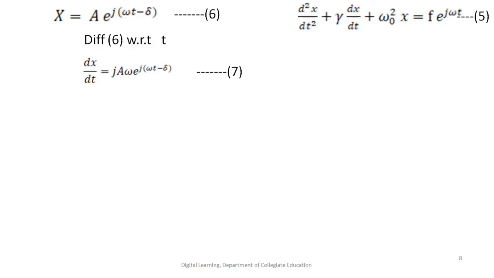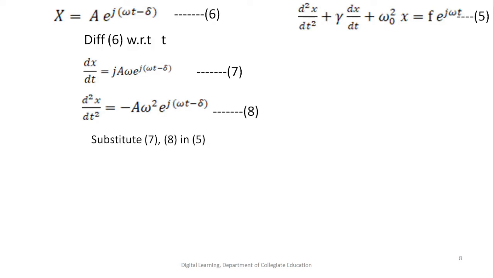Call this equation number 7. And again differentiating equation 7 with respect to t, we get d square x by dt square is equal to j into j, j square is minus 1, a into omega square e power j omega t minus delta. Call this equation 8.